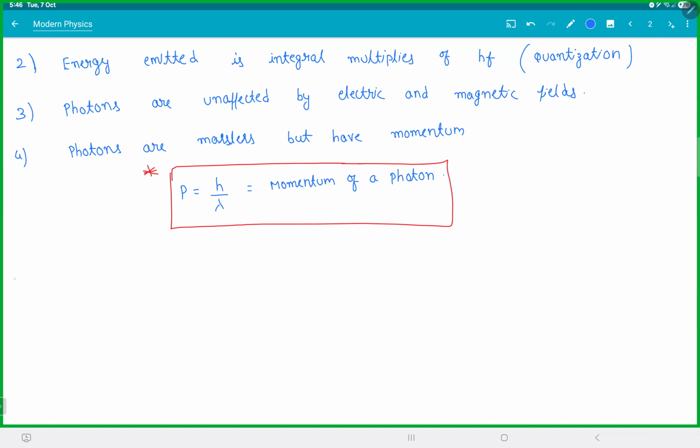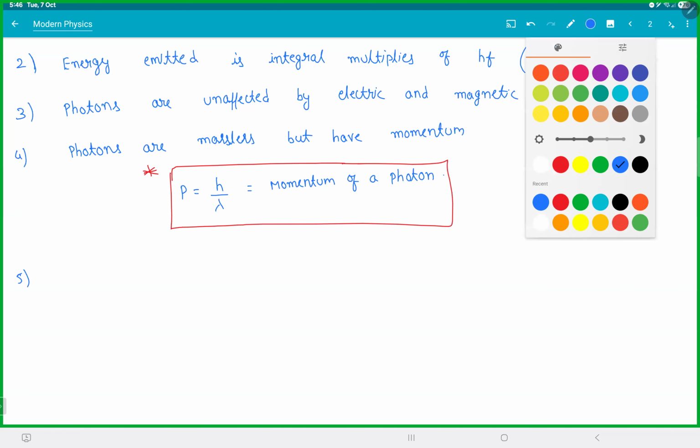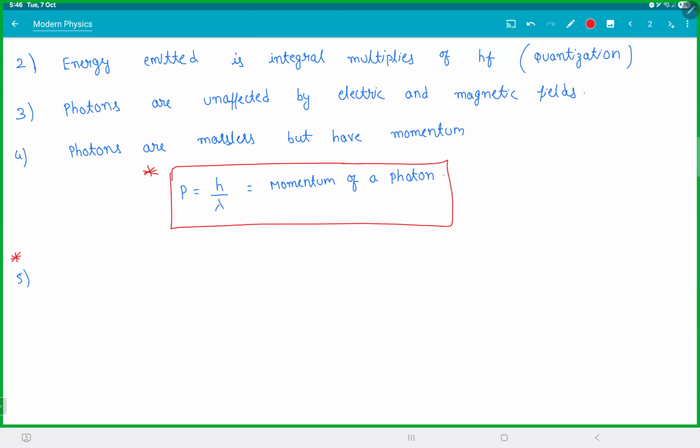The fifth one is a theoretically important point. A photon is either completely absorbed or completely unaffected. I'll give an example, but what it says is, if you give a photon, either you take the whole photon or don't take anything.